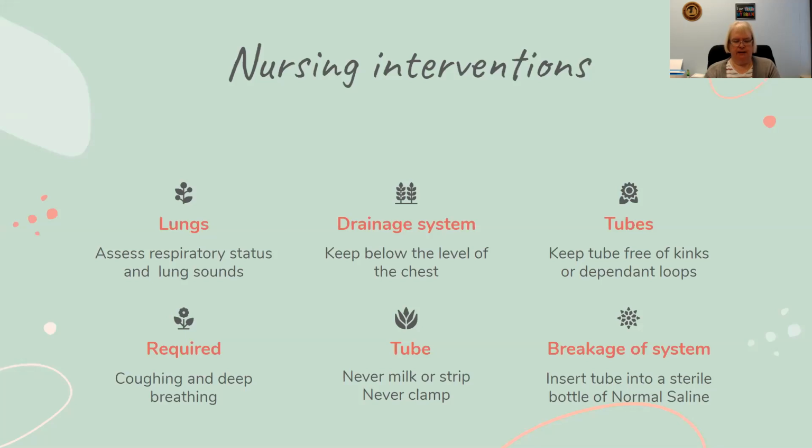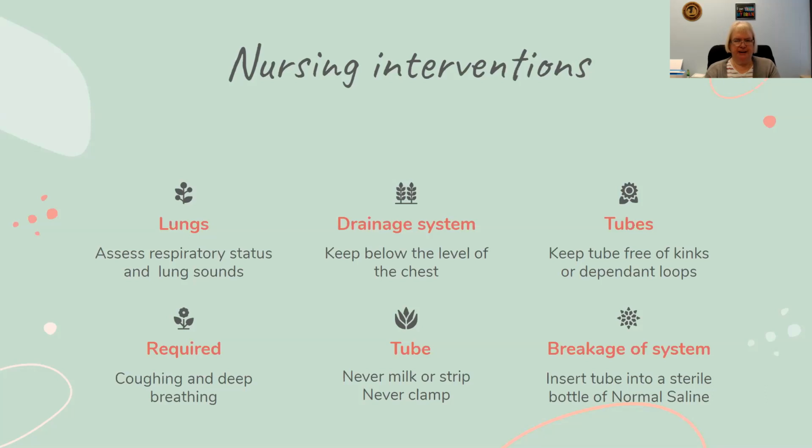Then I need to keep the drainage system below the level of the chest. So on the bed, that means it either needs to be on the floor next to the bed or attached to the bed frame itself. If they're going by stretcher, it just needs to be attached so that it's below the chest.